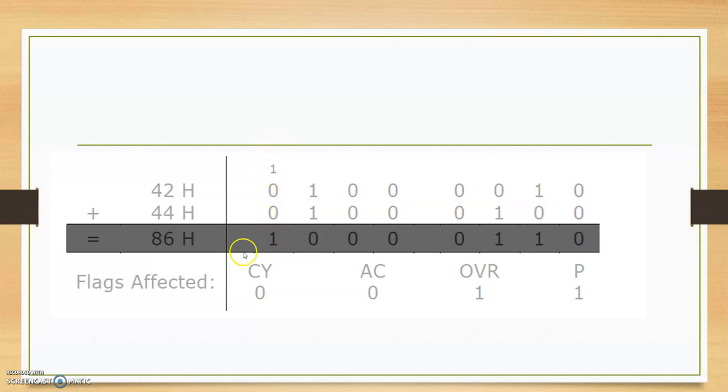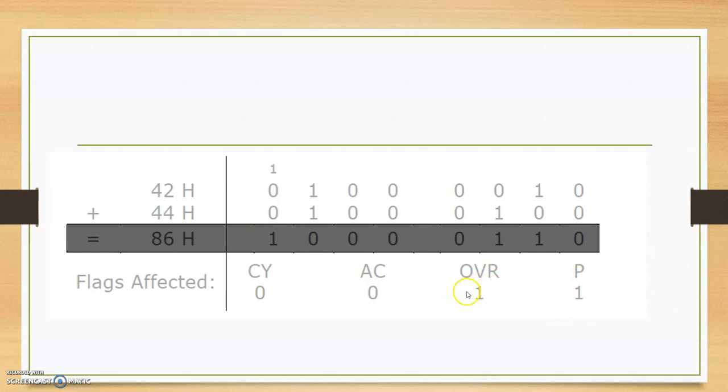Here you can see that there is no carry out of the MSB bit, so the carry flag is 0. There is no carry from the lower nibble to the higher nibble, so the auxiliary carry is also 0. And the parity: you can see 1, 2, 3, 3 ones in the result, so the parity is 1.